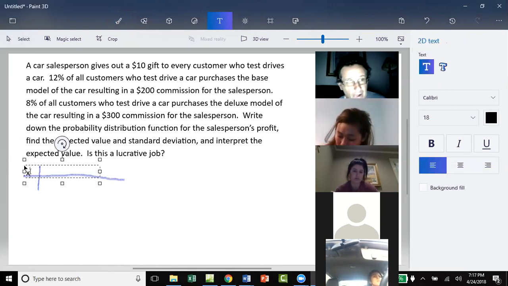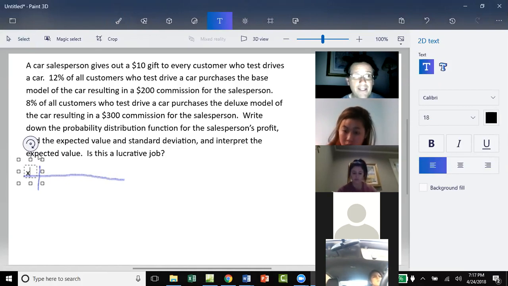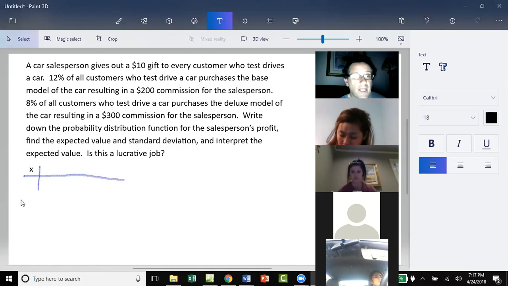There we go. So I'm going to call that X. You're used to that in a t-table, right? Hopefully, in math. And then the second row, or you could do columns, I'm going to call that P of X for the probability that X occurs.